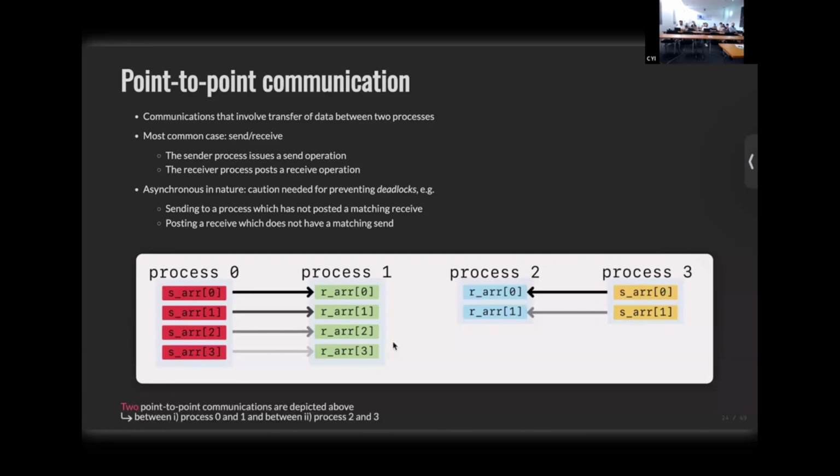So here we have 2 point-to-point operations. The first is between 0 and 1, and the second is between 3 and 2. Okay? And you can see that they're different. In the first case, a 4-element array is sent. In the second case, a 2-element array is sent.